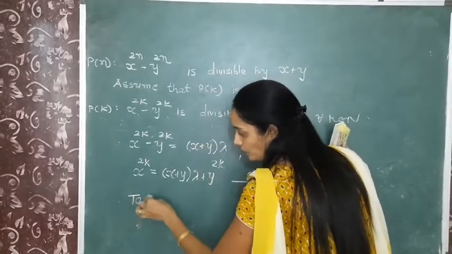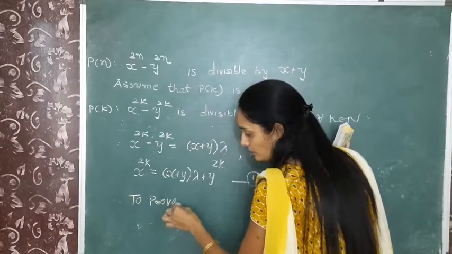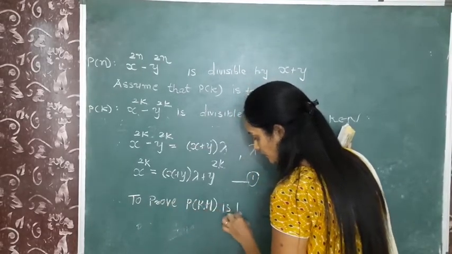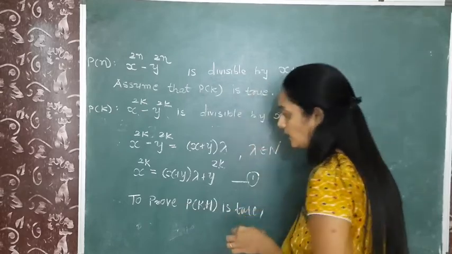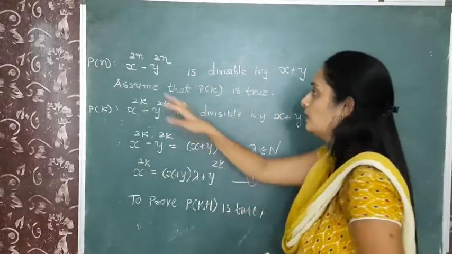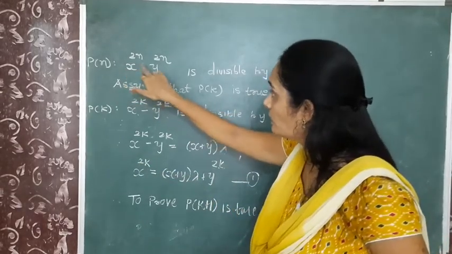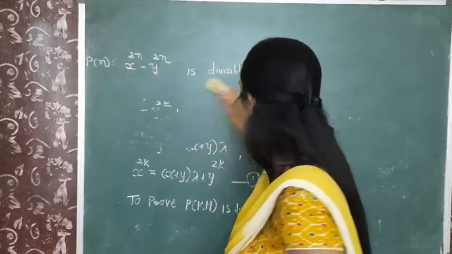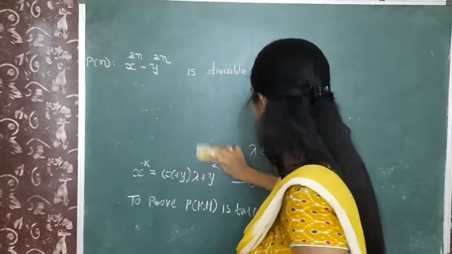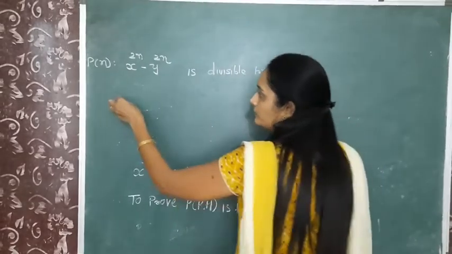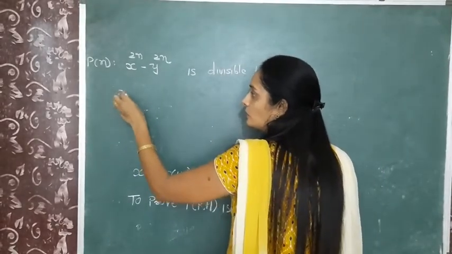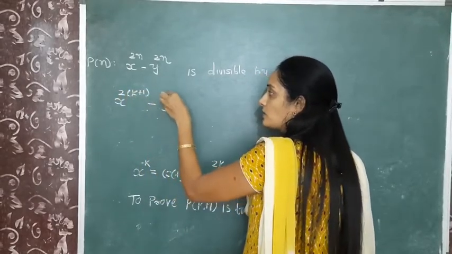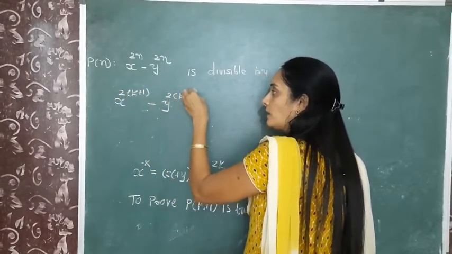Now we have to prove P of k plus 1 is true. So we write k plus 1 in the given statement wherever we see n. So we can write x raised to 2 in the bracket k plus 1 minus y raised to 2 in the bracket k plus 1.